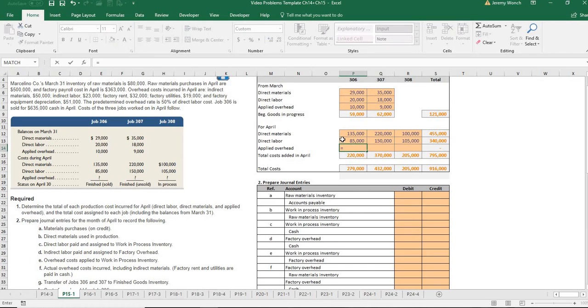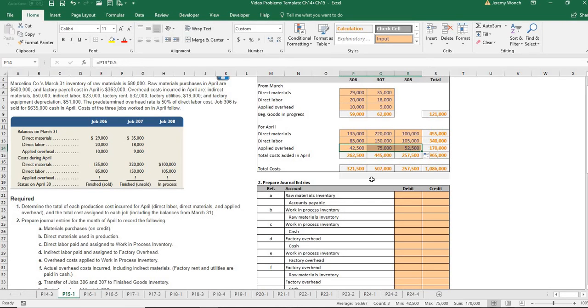So we take our labor cost and multiply it times 50%. And so we can just drag that across. And so, for example, in job 306, we may or may not have actually incurred $42,500 of overhead, but that's our best guess at this point in time.